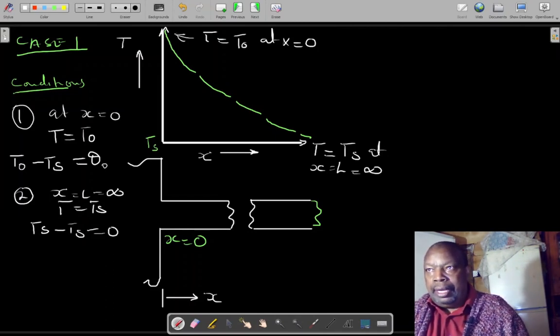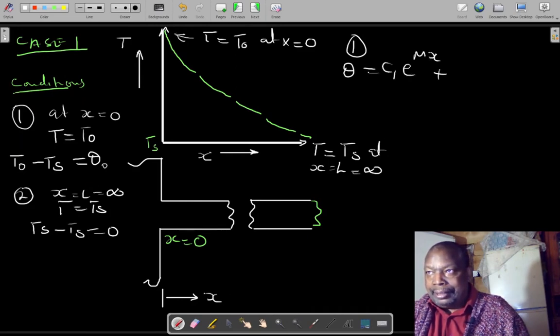So applying our boundary condition 1, the general equation is theta is equal to C1 e raised to the power of mx plus C2 e raised to the power of minus mx.